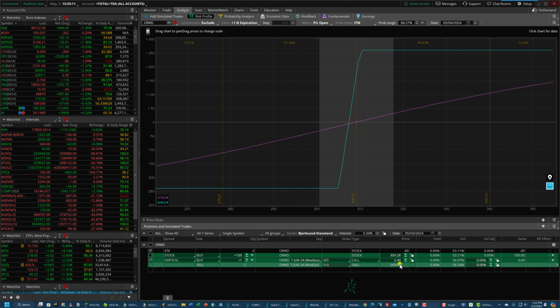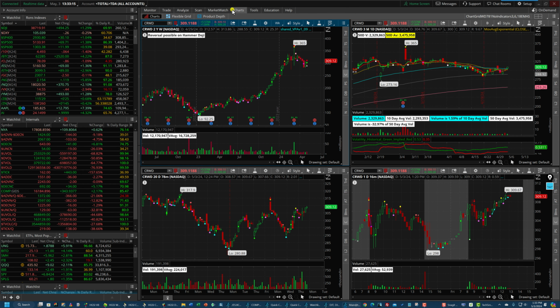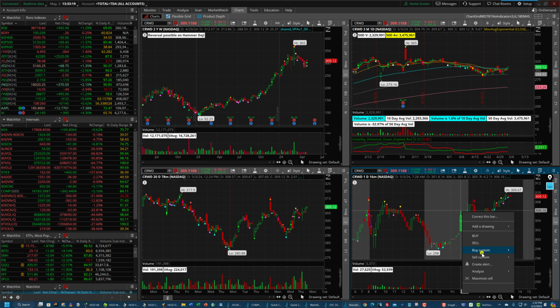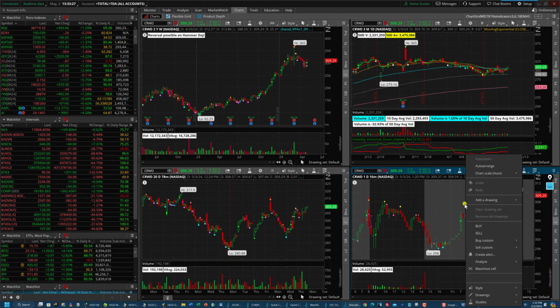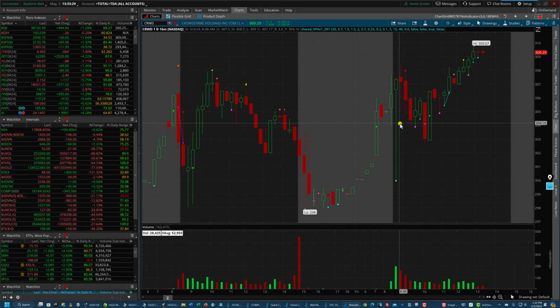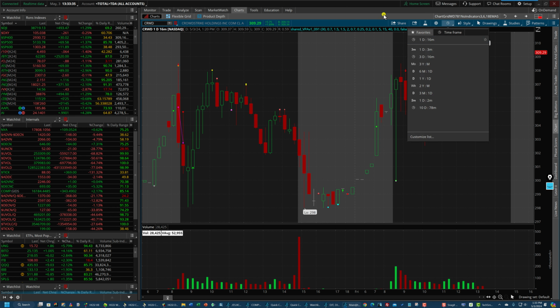Okay, let's see. You can see the debits drop down to 240. Let's take a look at the charts here. That is what I'm looking for, maximize sell. So here's the intraday. This is a 16-minute bar.